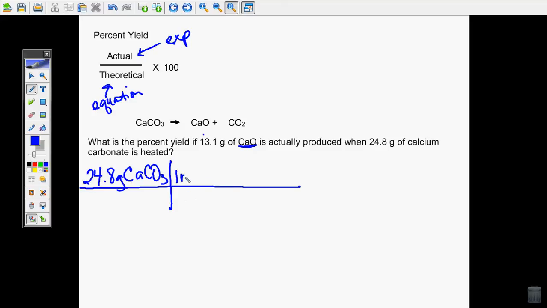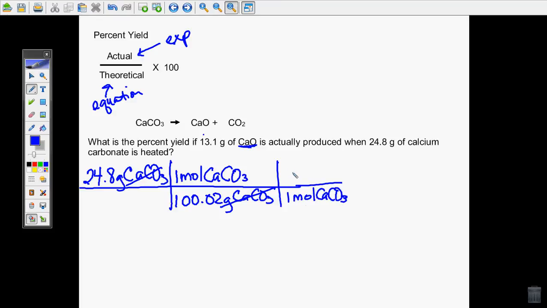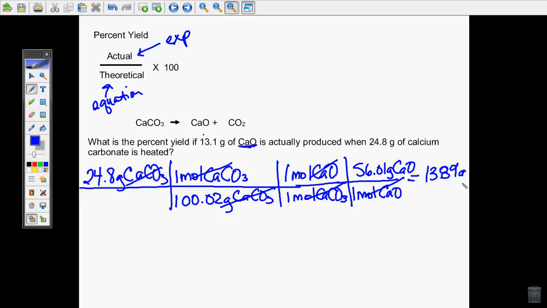So 1 mole of calcium carbonate is 100.02 grams. And for every 1 mole of calcium carbonate, I have 1 mole of calcium oxide. And for every 1 mole of calcium oxide, the molar mass is 56.01 grams of calcium oxide. So this cancels. Multiply across the top, divide by what's on the bottom, and I get 13.89 grams.